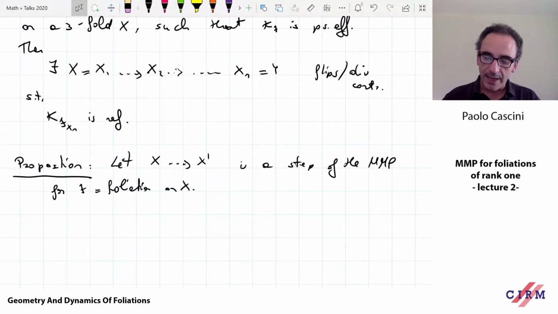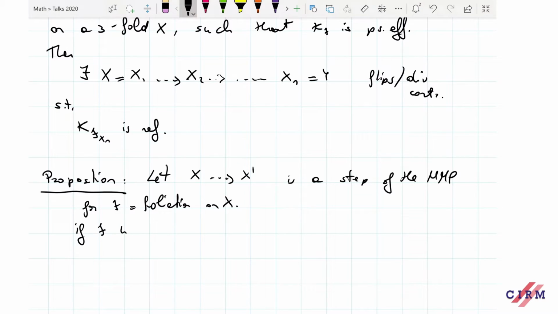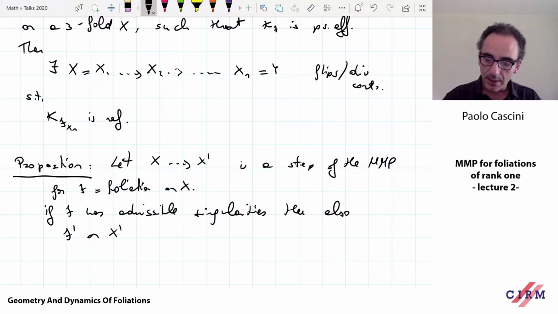Then what we show is that if F on X has non-dicritical singularities, then also X prime, and the foliation F prime induced on X prime, has non-dicritical singularities.